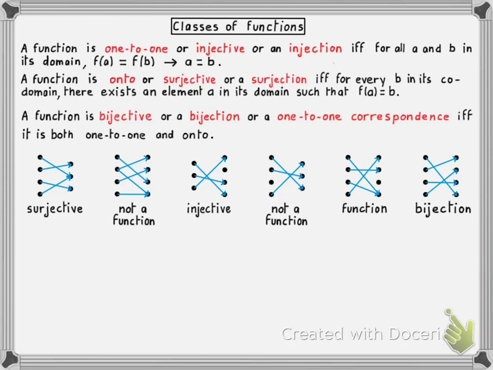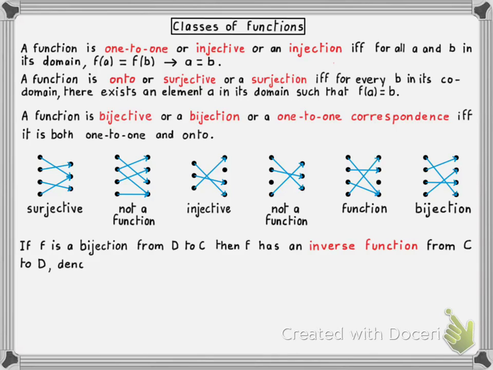Now let's consider one more definition pertaining to functions. Let C and D be any two sets, and let's assume that f is a bijection from D to C. Then it must be the case that f has an inverse function from C to D. That inverse function is denoted with this superscript -1 and is defined as follows.